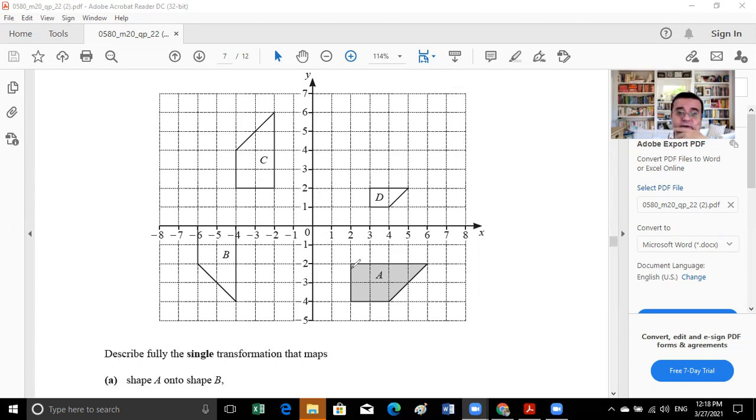Maybe you ask me, teacher, how do you know reflection? Look at the distance here. Is it the same? Yes. Okay, the same.